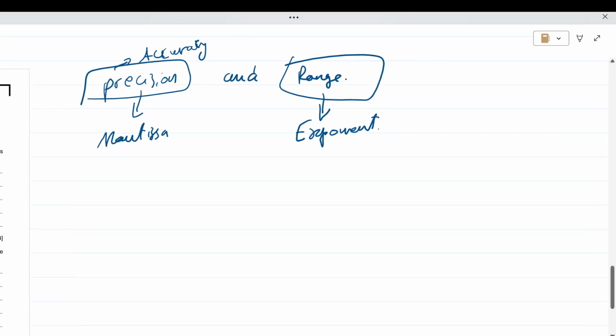Same is the case with the exponent, but the word we use is range. The more bits you have to store the exponent, the greater the range of numbers available to us. If we use fewer bits to store the exponent, then obviously only a smaller range of numbers can be stored, right?